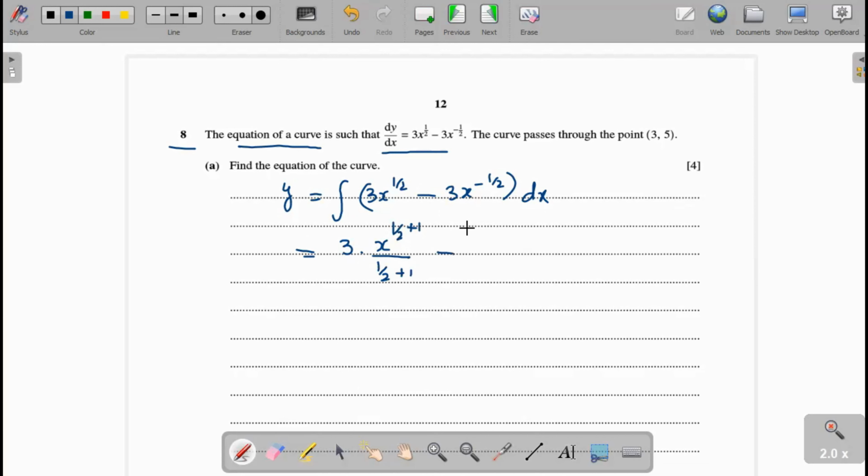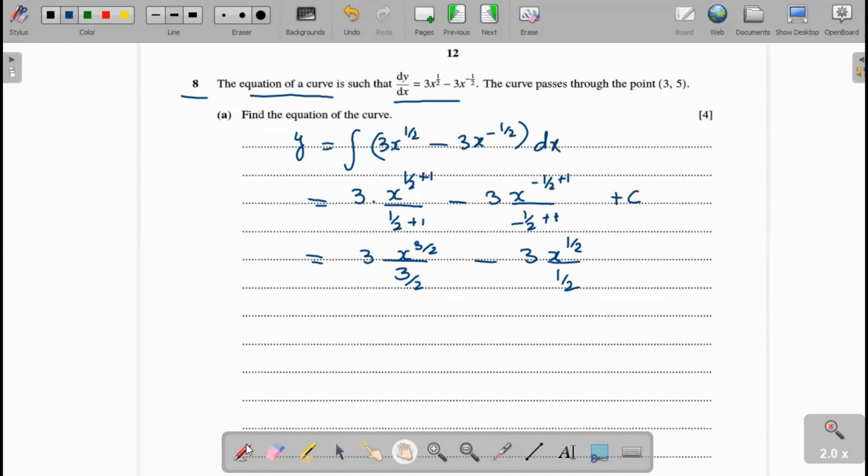And same here: 3 into x power minus 1 over 2 plus 1 divided by minus 1 over 2 plus 1, plus c as a constant. Now that value will be equal to 3 into x power 3 over 2, minus 3 into x power 1 over 2, since minus 1 over 2 plus 1 is equal to 1 over 2.